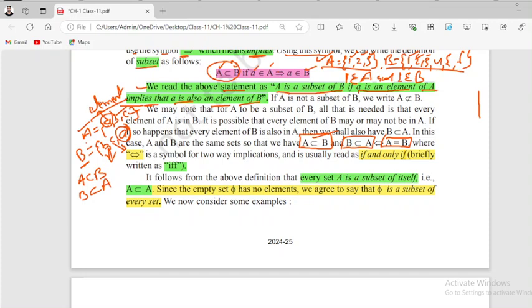So we can write that both sets A and B are equal, where this sign is the symbol of two-way implication and is usually read as if and only if.